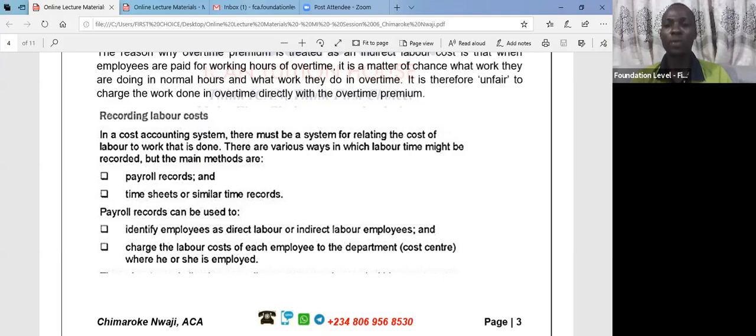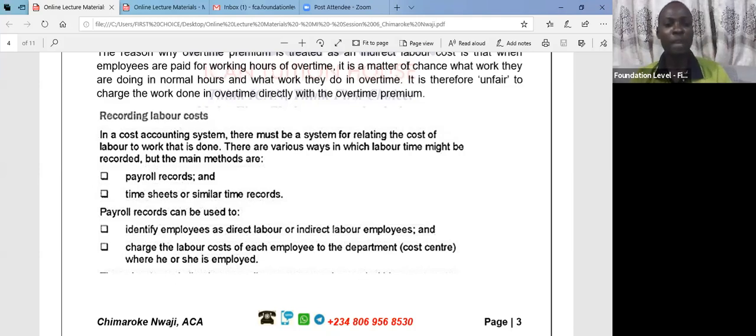You know, when you are being paid your salary, they prepare a payroll. Then there are time sheets or similar time records. Time sheets have to do with you clocking in, registering the time you start work, and registering the time you end work. So they use it to know the number of hours that you spend working.